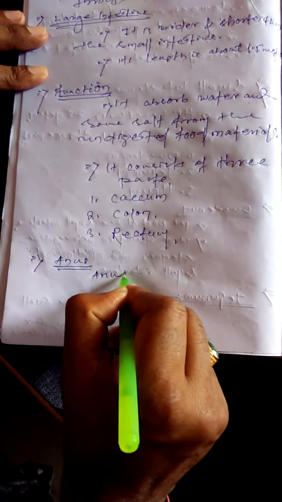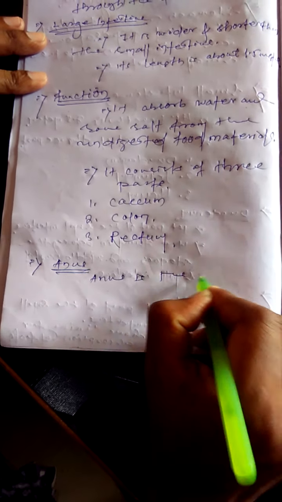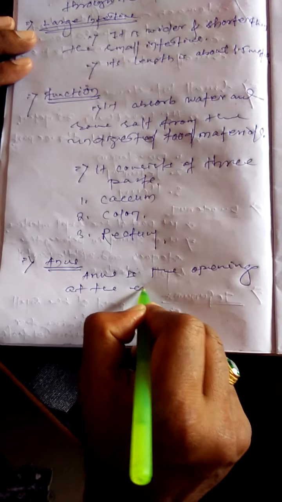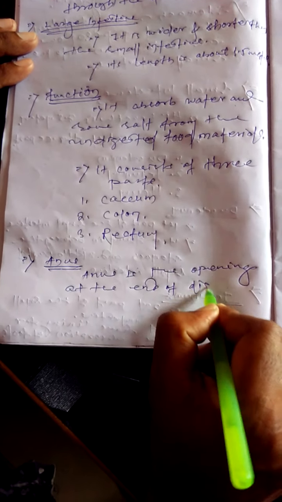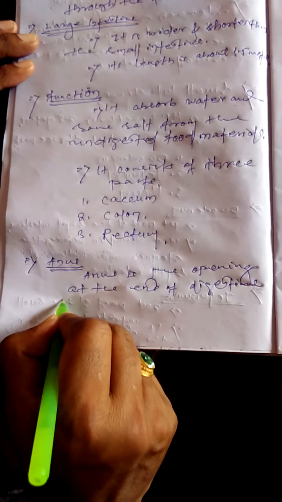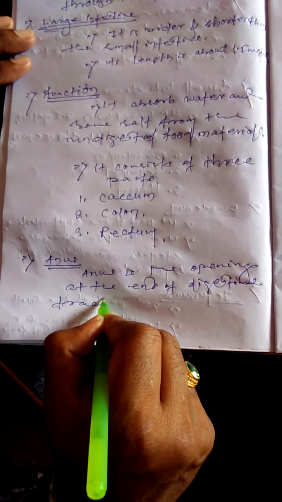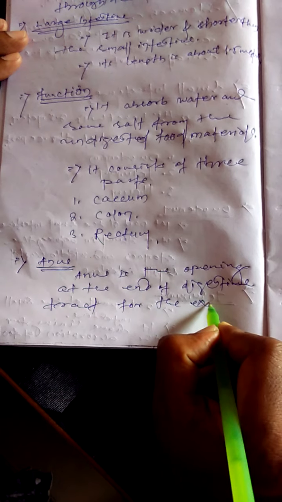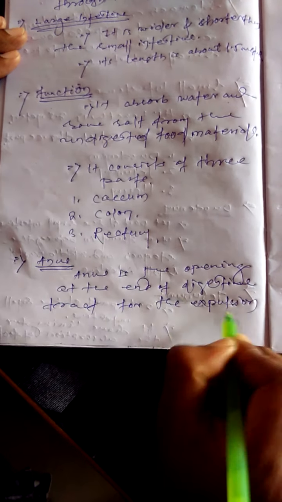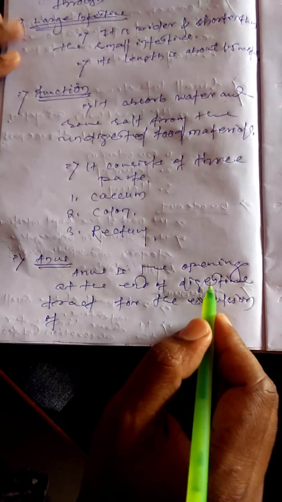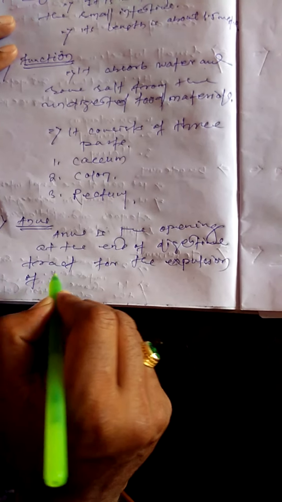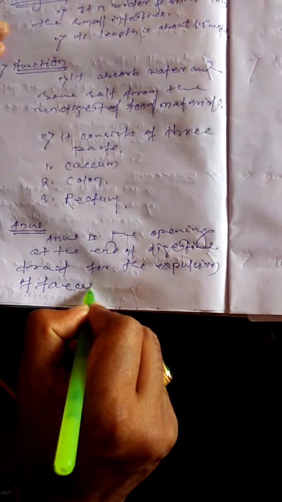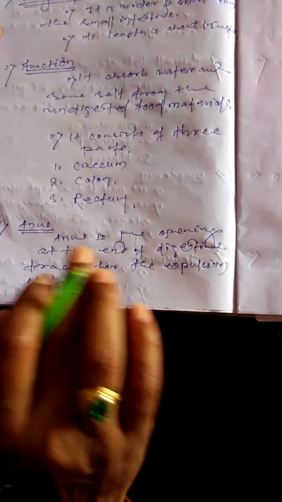So anus is the opening at the end of the digestive tract for the expulsion of waste material, we can say, or feces. So this is about anus.